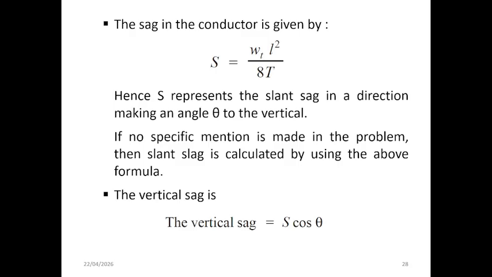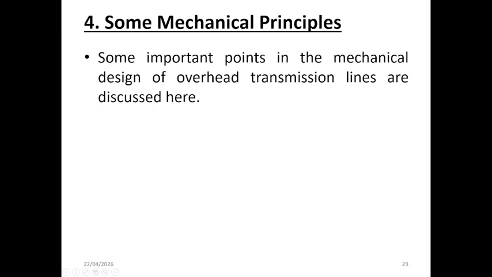However, for design and safety purposes, the vertical sag is often more relevant, and this can be obtained by projecting the slant sag onto the vertical direction, which is done by multiplying S by cosine theta. You can see like this. This is the vertical sag.